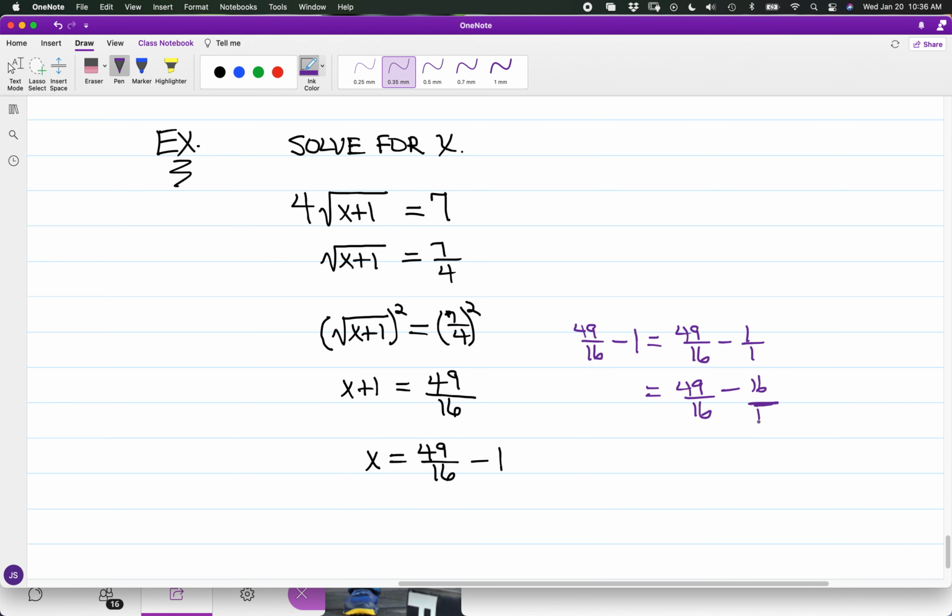So your value of x, in this case, is going to be a non-integer, which is 33 over 16.